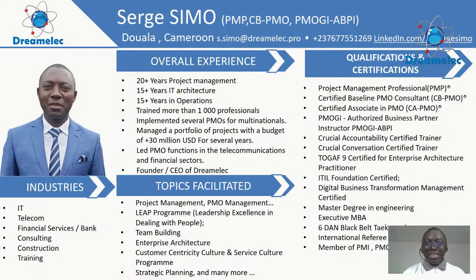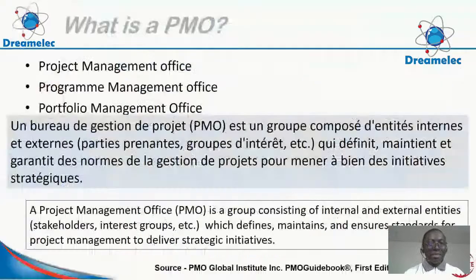That being said, what is PMO in fact? It's an acronym, PMO. And you may say it's Project Management Office. You are right. If you say it's Program Management Office or Portfolio Management Office, you are also right.